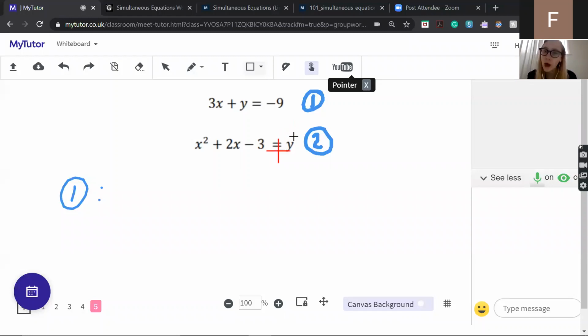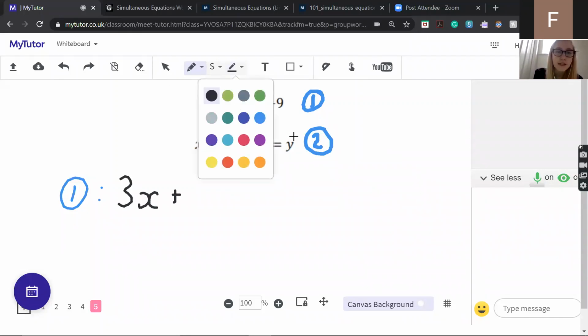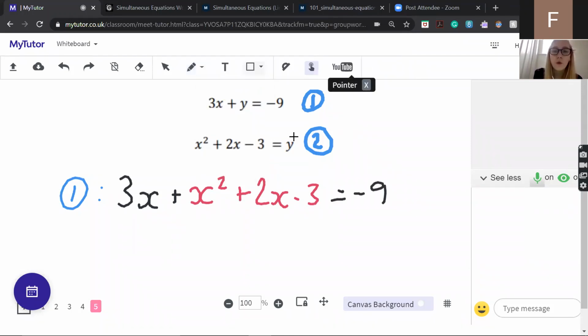Because that is what y is. This equation tells us that those two things are the same. So 3x plus, and I'll write it in a different colour so that you can see where I'm coming from, x squared plus 2x minus 3 equals minus 9. All I've done is instead of writing y, I've written this, which is perfectly allowed because they're the same thing.